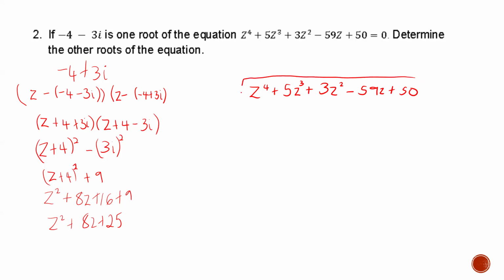Oops, my apologies, writing big letters. And then in the division method, we divide by what we got here, which is z squared plus 8z plus 25.